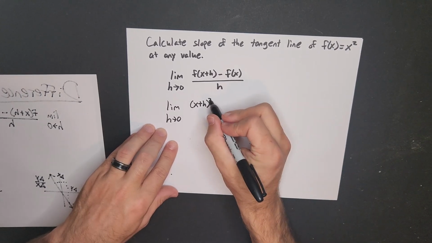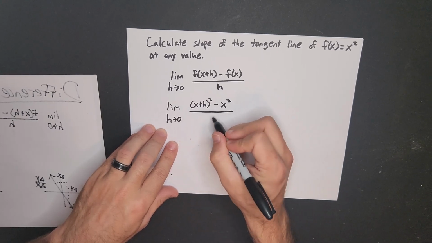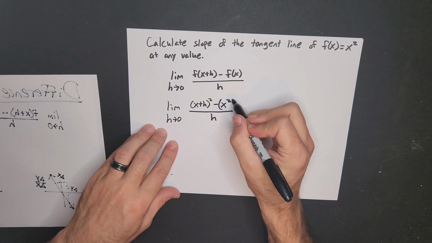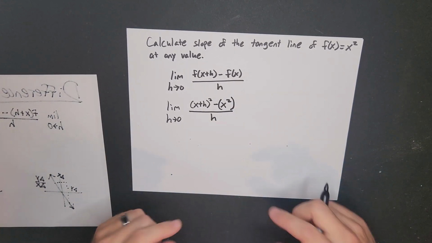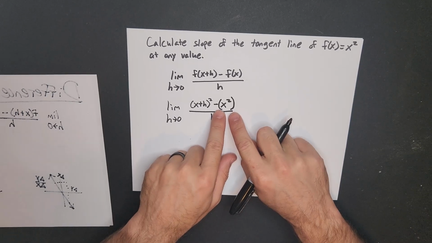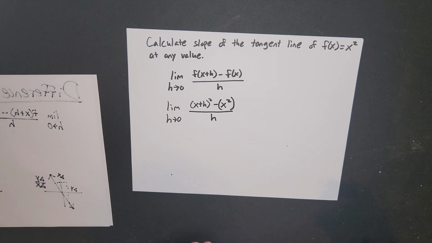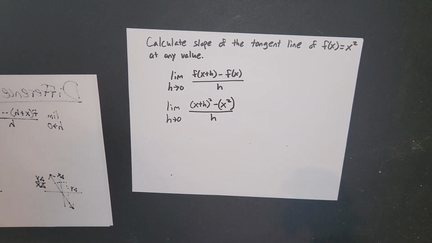So now it is squared minus x squared all divided by h. Now, I'm going to put this x squared here, the whole thing in parentheses, and I would like for you to get into the habit of that because right now it's just going to the x squared, which isn't too much of a change. But in a different problem that I'll show you here in a minute, that is going to matter big time whether or not we have parentheses there.